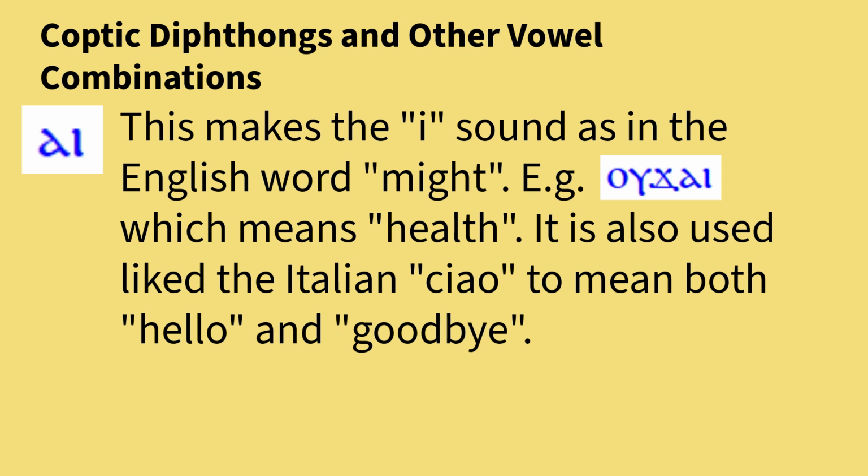This makes the I sound as in the English word I. An example Coptic word is ujai, which means health. It can also be used like the Italian ciao to mean both hello and goodbye.